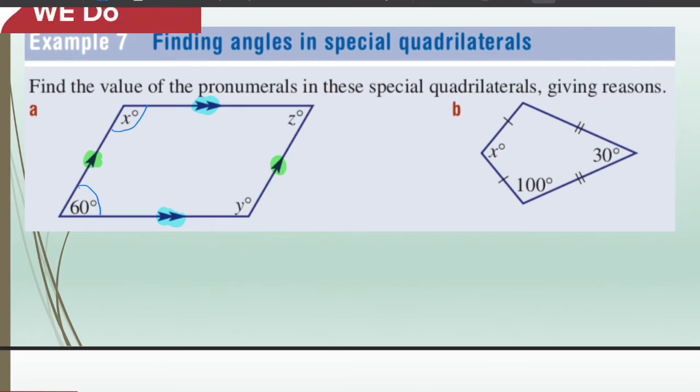And what's something that we know about co-interior angles in parallel lines? This is a pair of co-interior angles. So x equals 180 minus 60, because those two angles have to add up to 180 degrees. So x equals, let's give my reason, and we say that x equals 120.